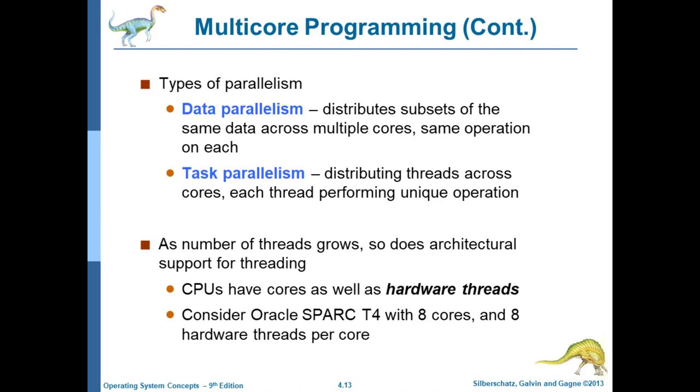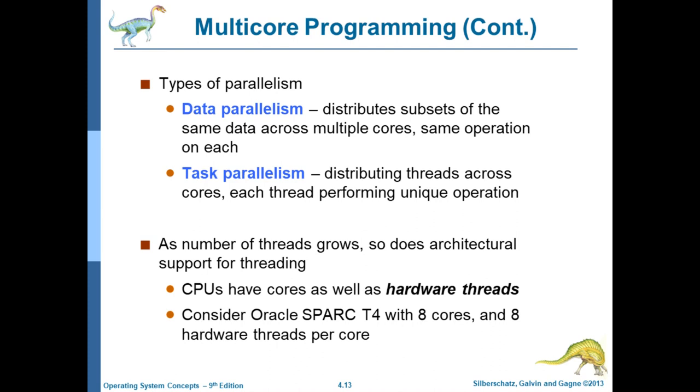As the number of threads grows, so does the architectural support for threading. CPUs have cores as well as hardware threads. Hardware threads are low-level mechanisms that allow multiple threads to run on a single core without switching contexts.